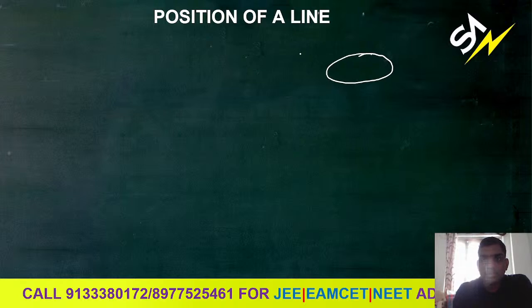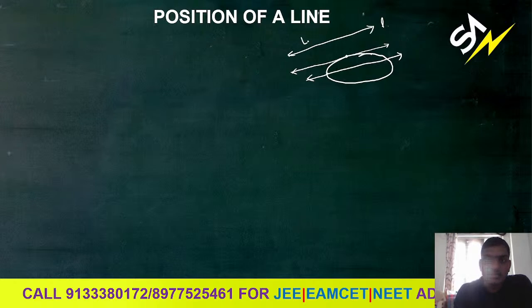Now there is a line L. It is outside. Next, the line L touches the ellipse at only one point. Next, the line cuts the ellipse at two different points.